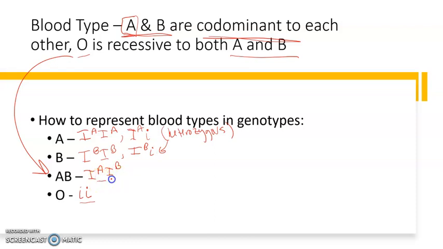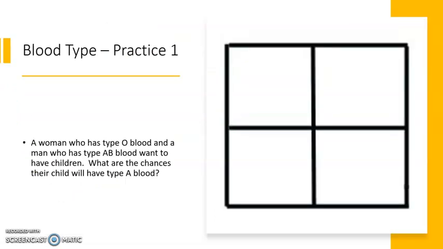If you're AB, there's only one way to have AB blood, and that's one copy of each, an A factor and a B factor. And there's only one way to have type O blood, and that's two little i's, two of those recessive alleles.